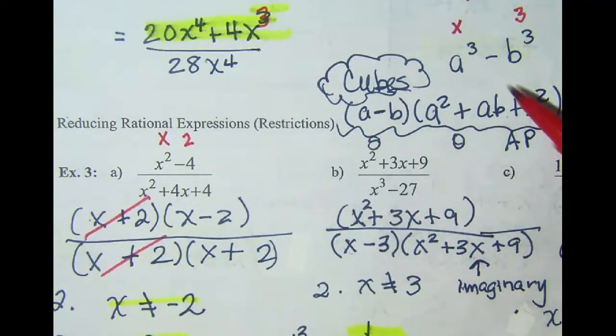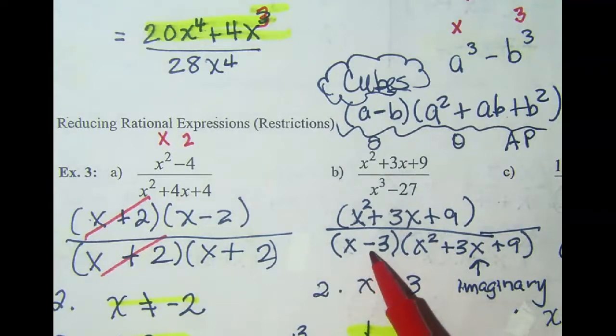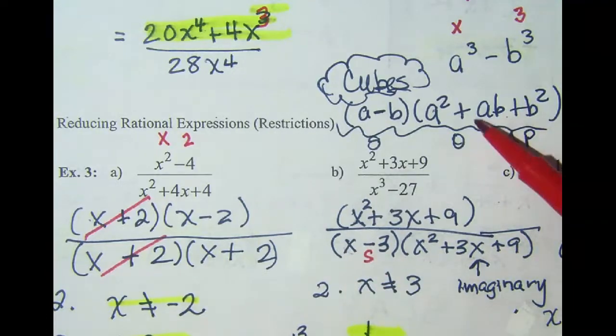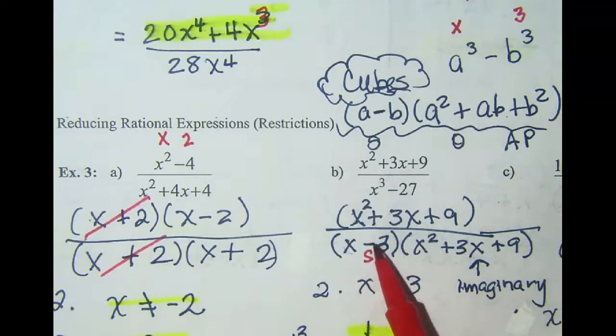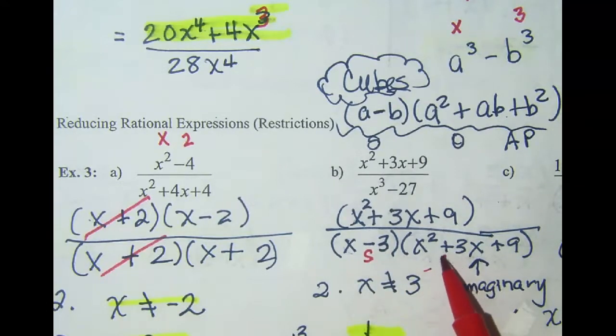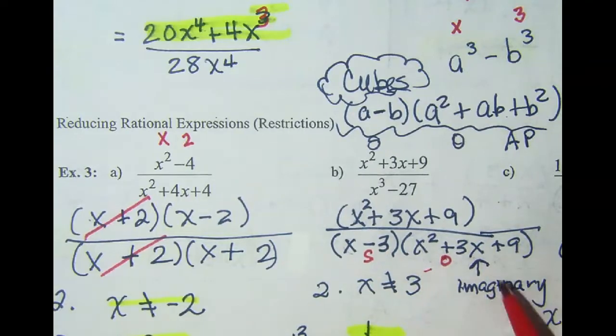Now, because this is subtract, this will also be subtract. So I call that same. Because this is add, this is going to be the opposite. So if this is subtract, this will be add. So opposite. And the last one is always positive. So that's the SOAP.